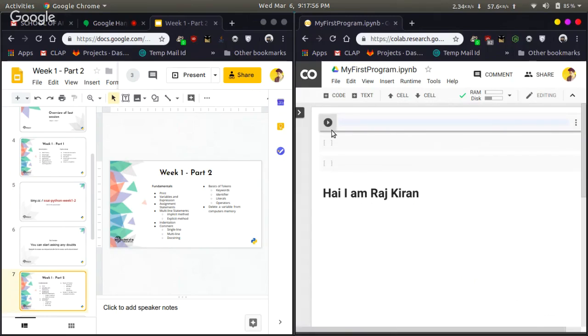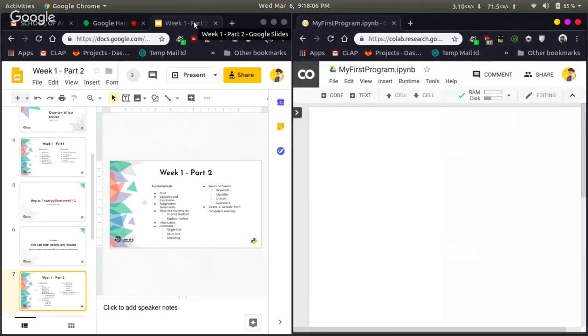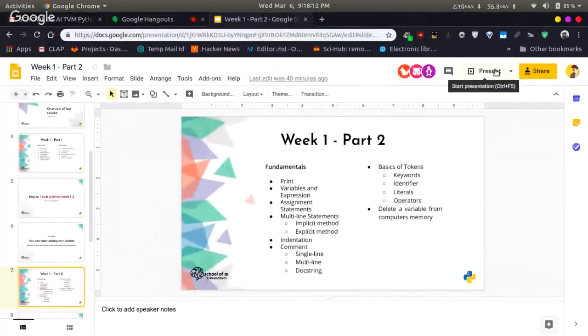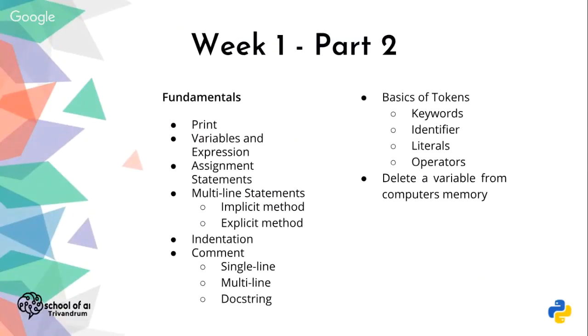Okay. Now, that is all about Colab. In today's session, we will be looking at print statements, what is a variable, what is an expression, what are assignment statements, what are multi-line statements, indentation, comments, basics of tokens, how to delete a variable from the computer's memory, and so on.